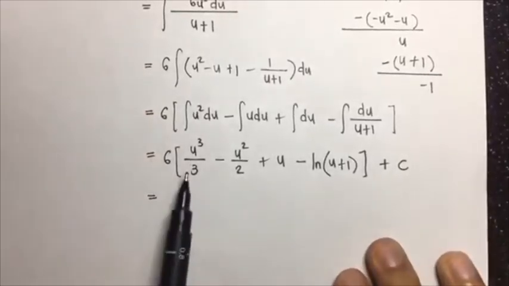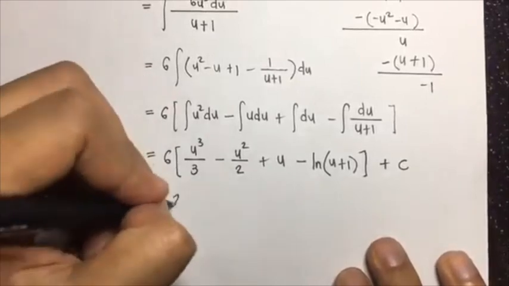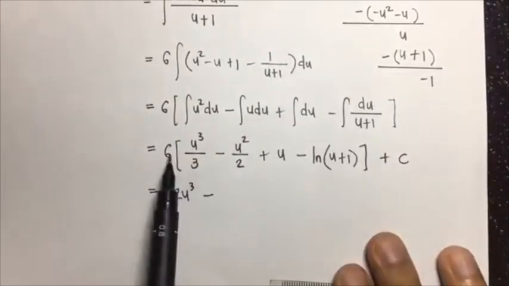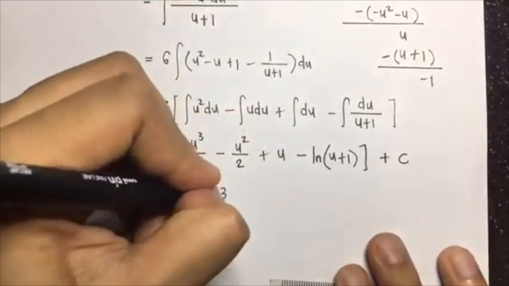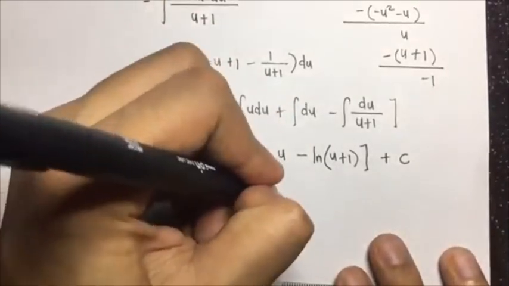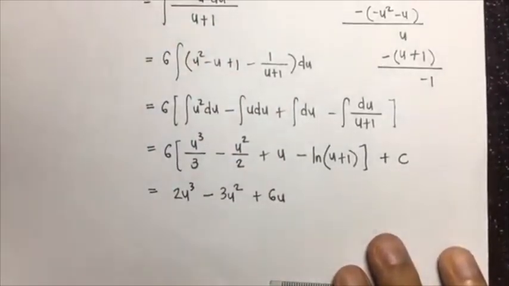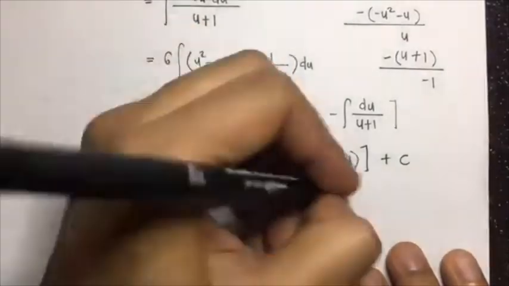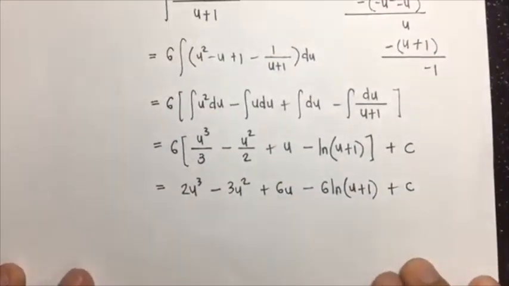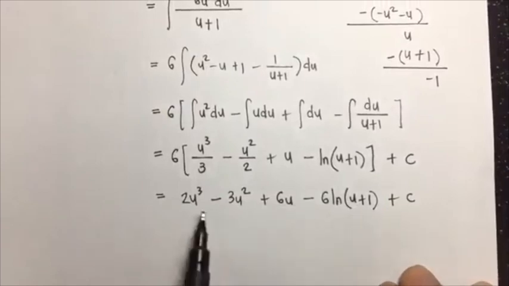So this will become 6 times 1 over 3, that is 2u cubed, minus 2 times 1 half, so we have 3u squared, plus 6u, minus 6 ln of u plus 1, plus c. Okay, so we now finish integrating.